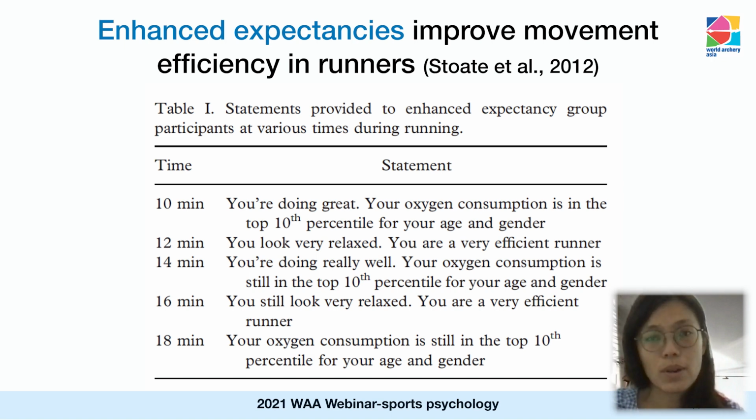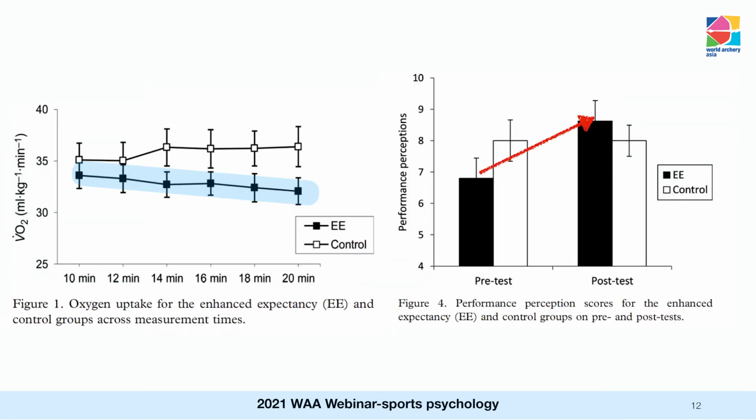Okay, now pay attention that this comment might be not true. It's just fabricated. Okay, and for the other group, which is the control group, they didn't receive any comments on their run. And this is the VO2 consumption during the run. And we can see for the control group, the VO2 consumption is quite stable.